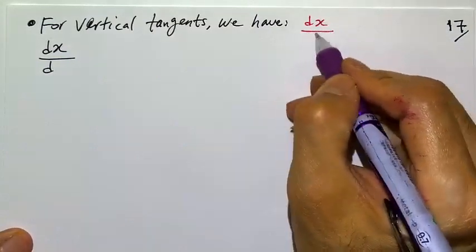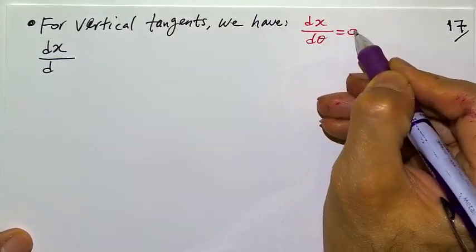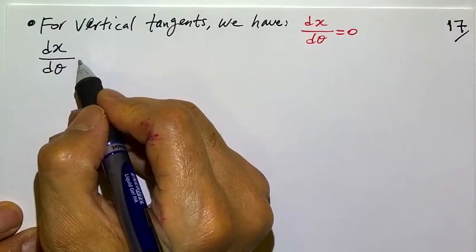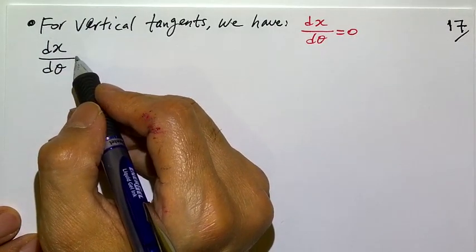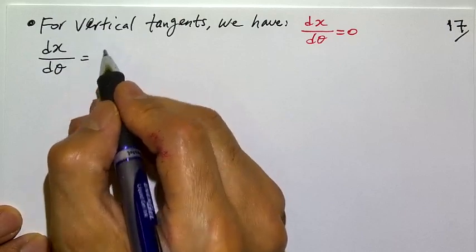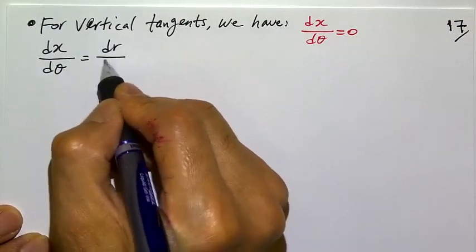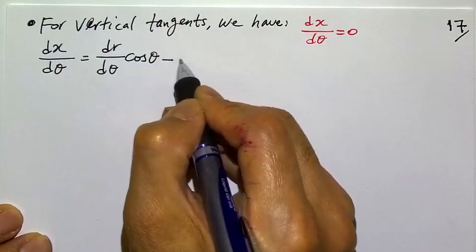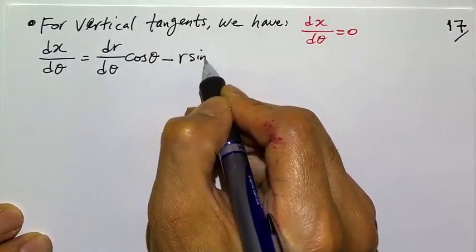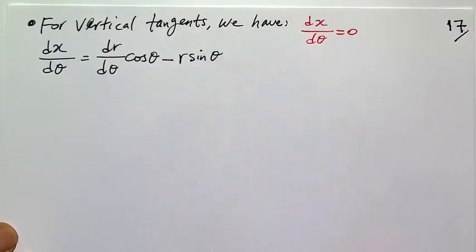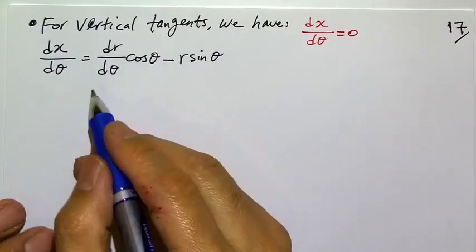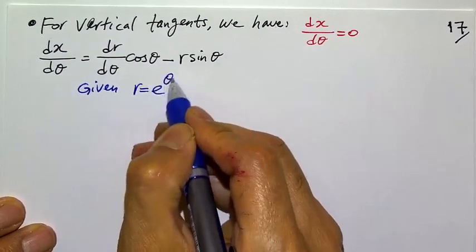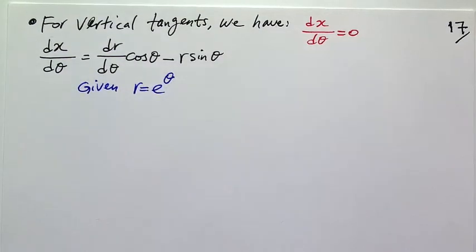So dx d theta is equal to this: dr d theta cosine of theta minus r sine of theta. Now let me rewrite the equation so we have it in front of us, even though it's a simple equation like that.